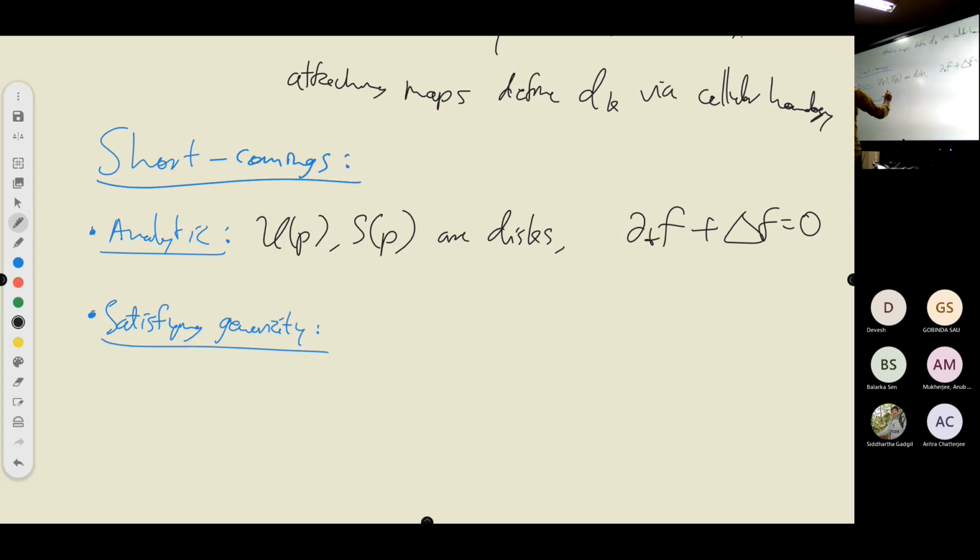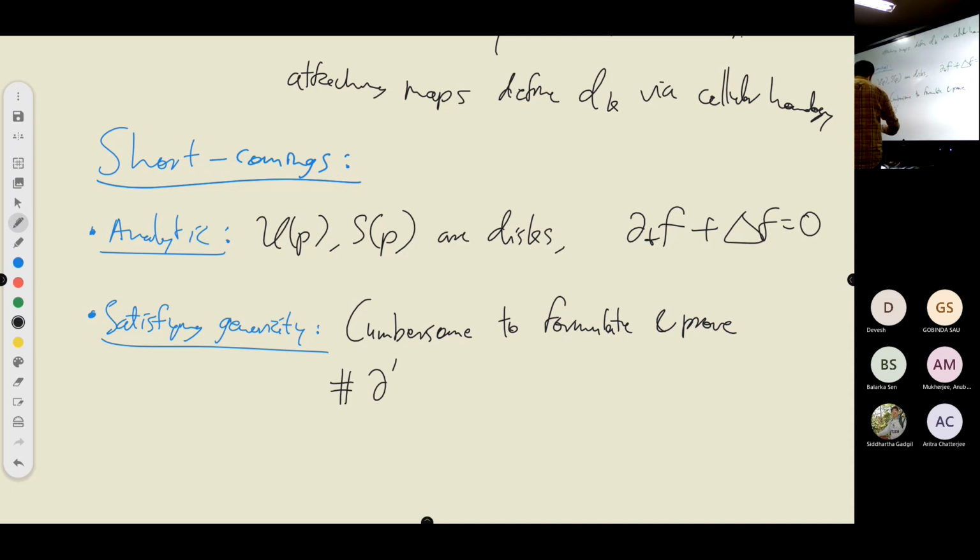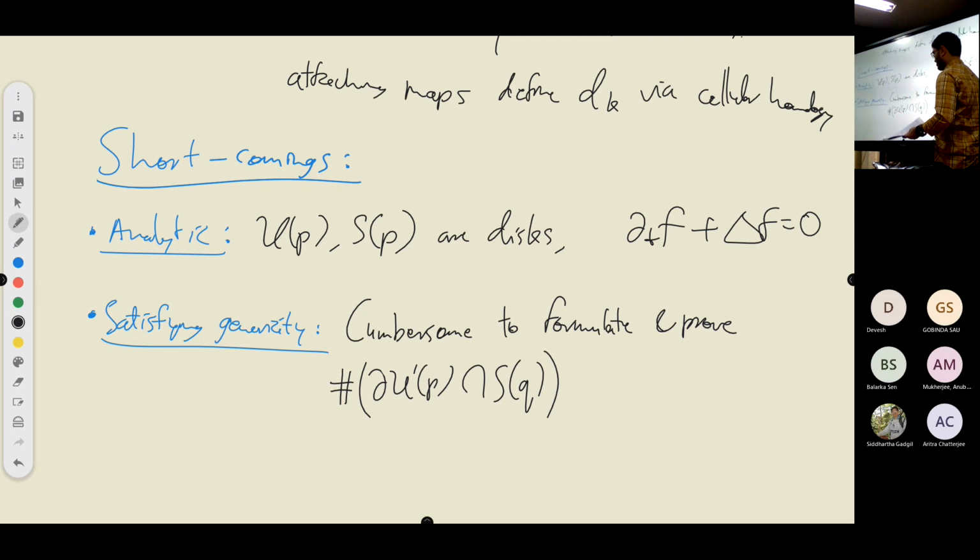What I mean is it's cumbersome to formulate and prove things like U(P) intersect S(Q), that these things are well defined and things of that sort.